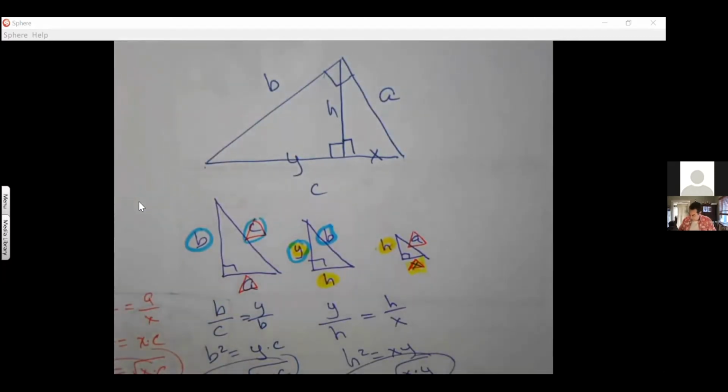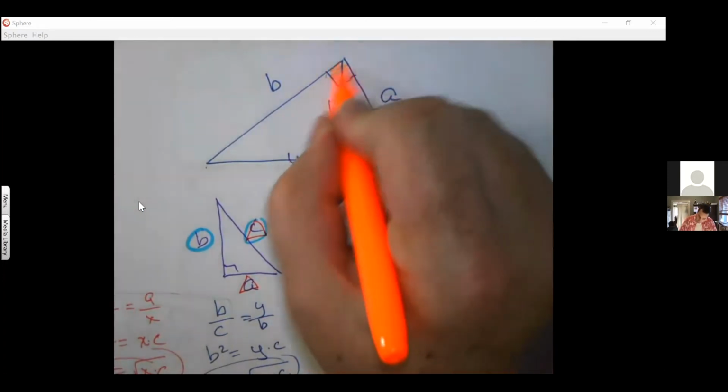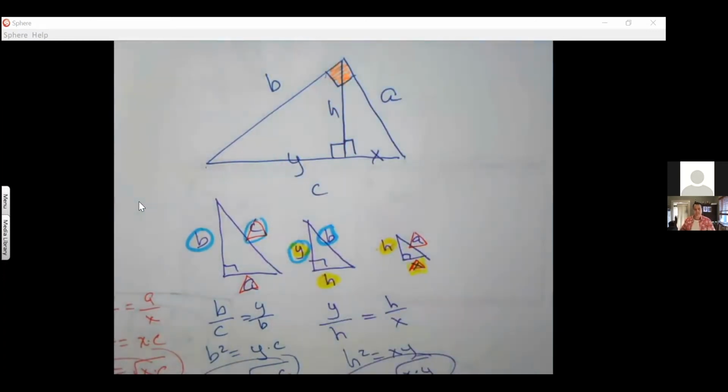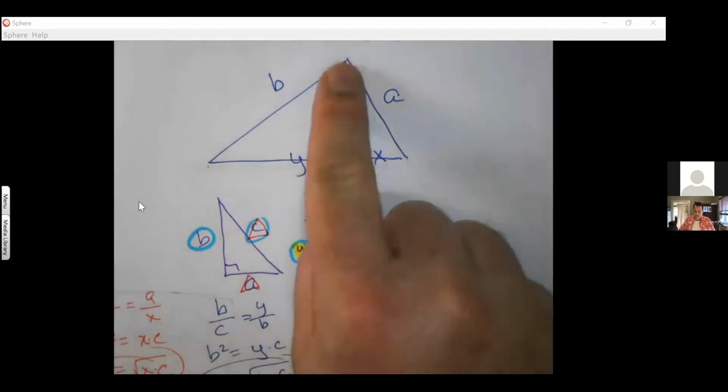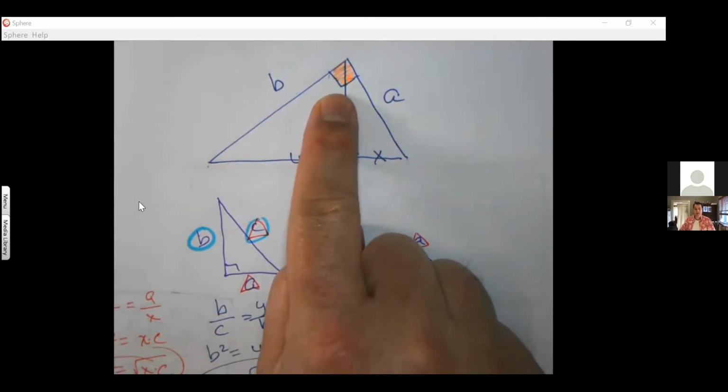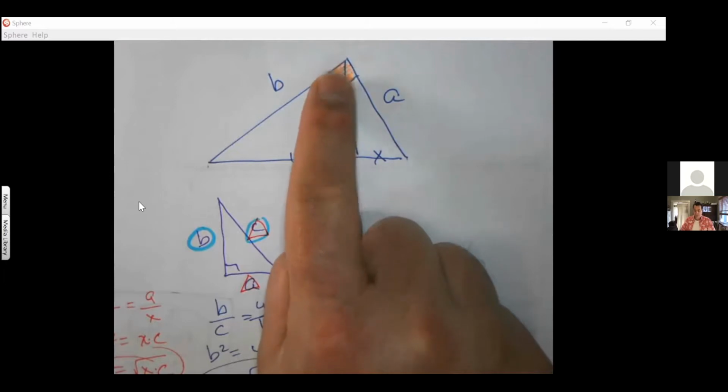Now, I'd like to visualize that it's all about this little square up here, the right angle where we begin. That's the beginning of everything. And from that, there's three paths out. Again, from the right angle of the biggest triangle, there's three paths out.